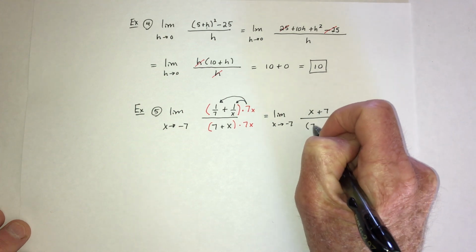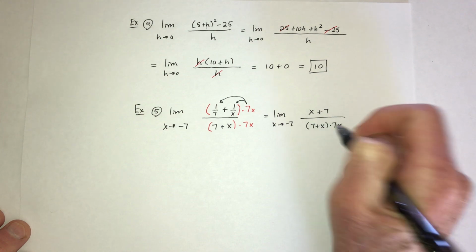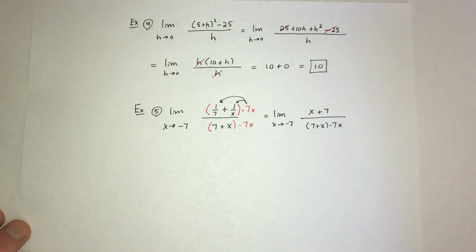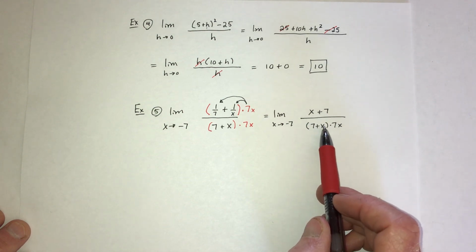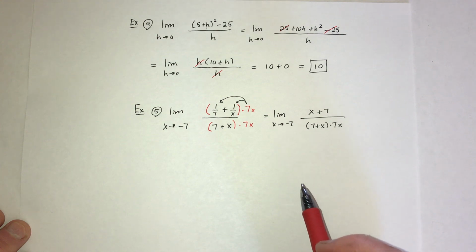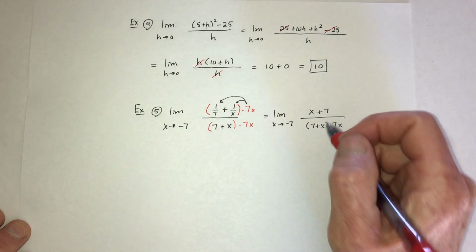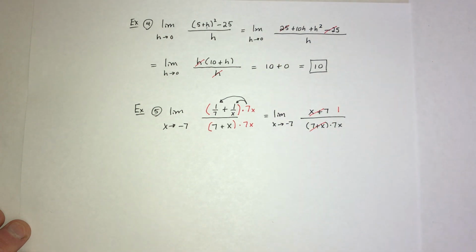And on the bottom, you do not need to multiply it out. So an x plus 7 and a 7 plus x are the exact same thing. Just like 2 plus 3 and 3 plus 2, they both equal the same thing. So that means that these can cancel, leaving a 1 on top.